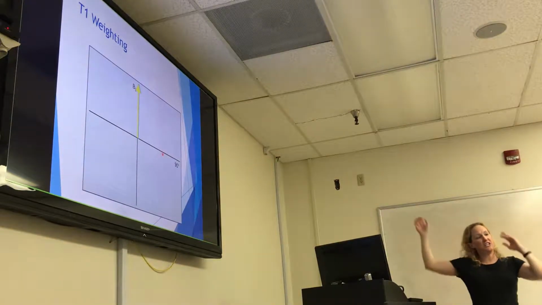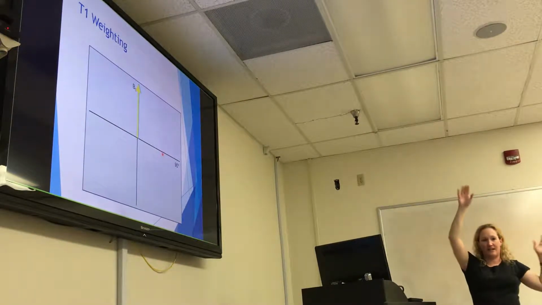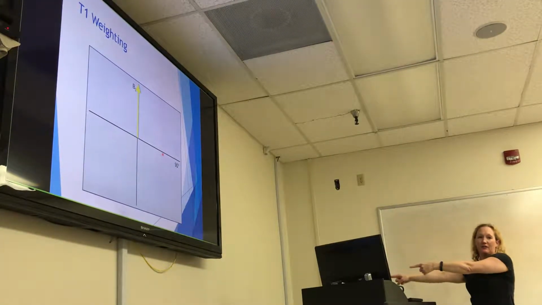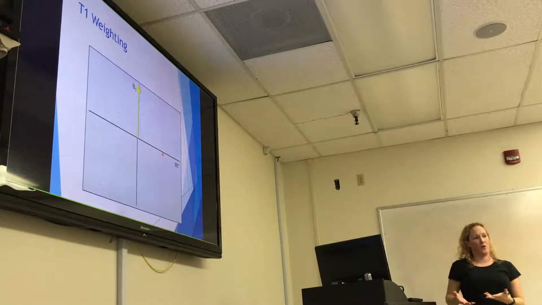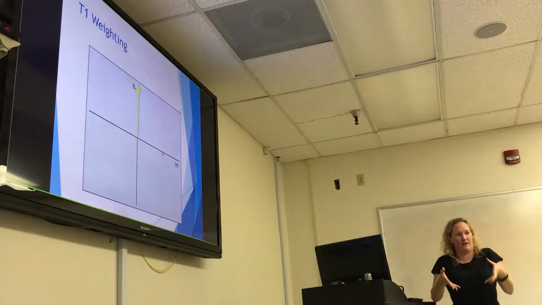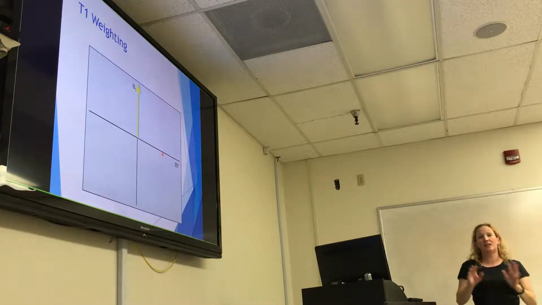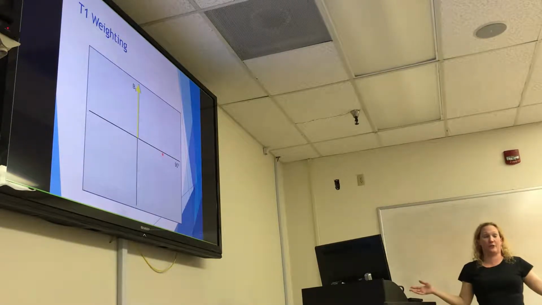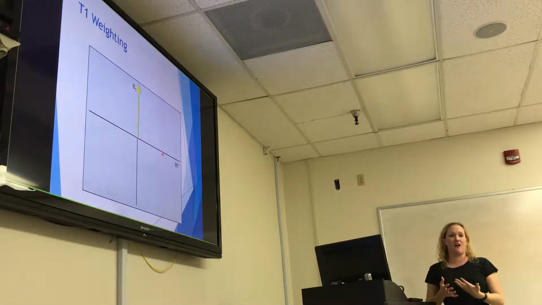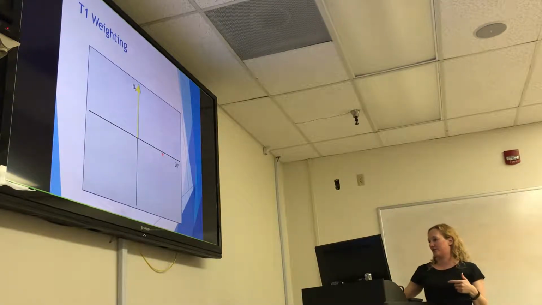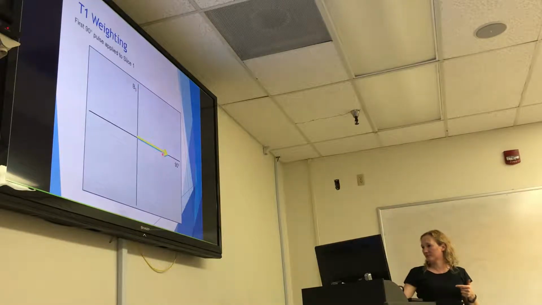It doesn't have to be 90, it could be 180. 180 is also an anti-parallel position. Anything that's just not parallel is considered anti-parallel. So try to get that fixed notion of it having to be 180 out of your head, because it could actually be anything between 0 and 180, basically. As long as it's not parallel, that's considered anti-parallel. I just wanted to address that from the homework.